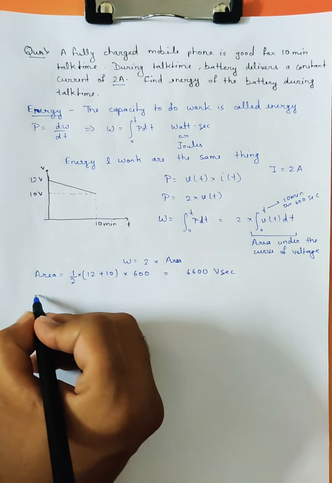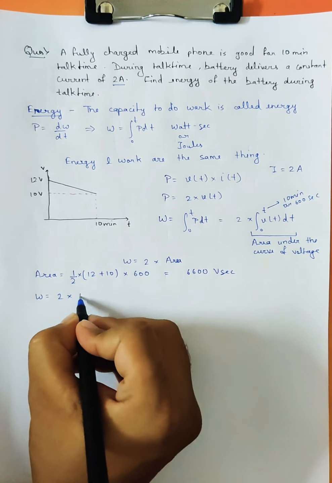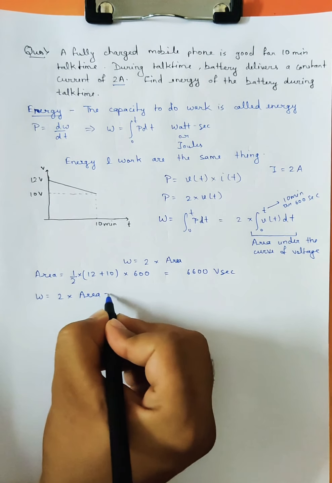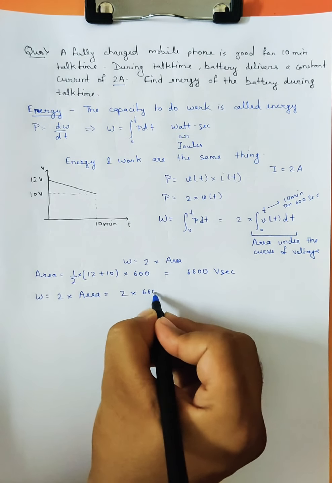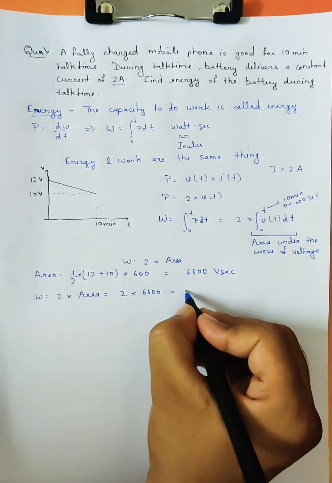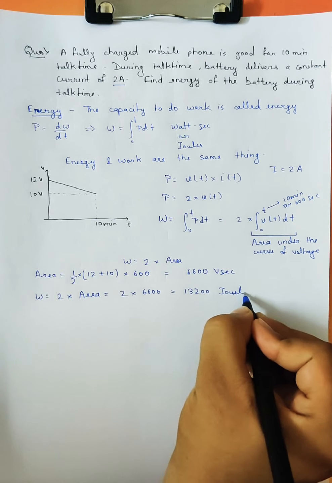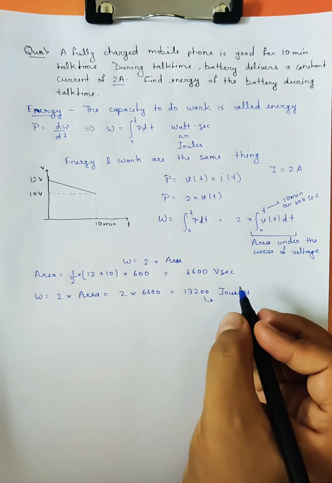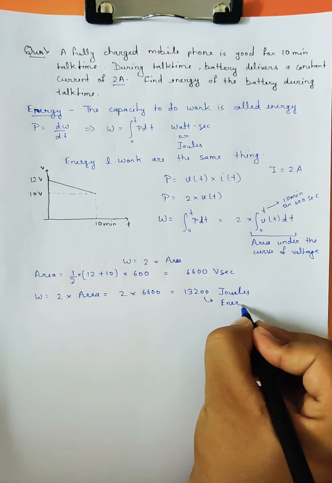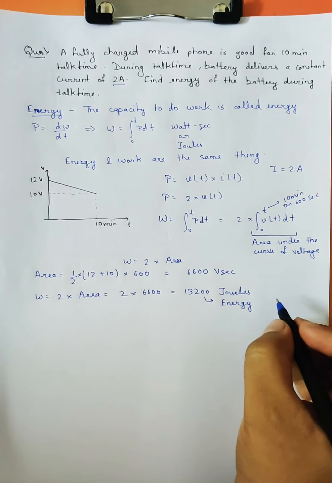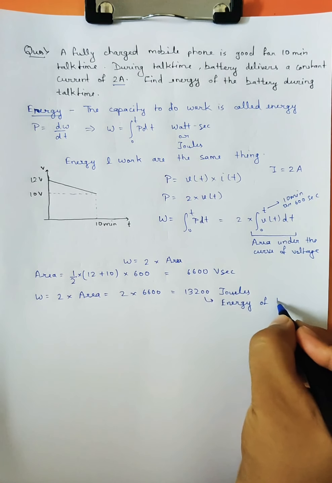Now work will be 2 into area, that is 2 into 6600, which is equal to 13200 joules. This is the energy of the battery.